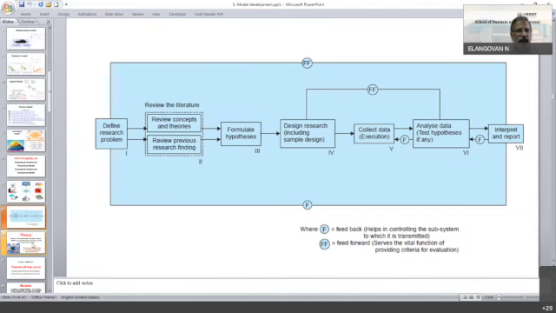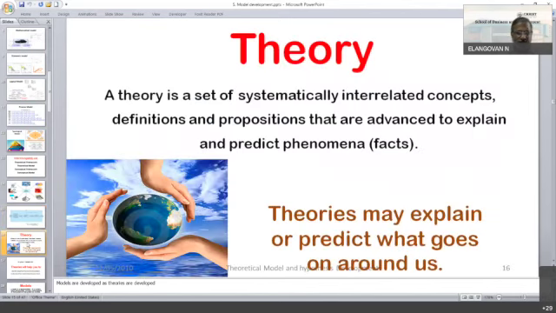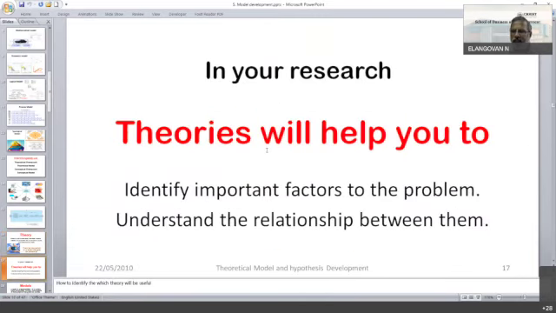Now coming to the theoretical model. I think we have already seen this in the previous session. What is a theory? A theory is a statement which has units that are connected, or a relationship, and there is a boundary and a proposition that comes out of a theory. The purpose of theory in research is that theory is the underlying factor of the entire research.